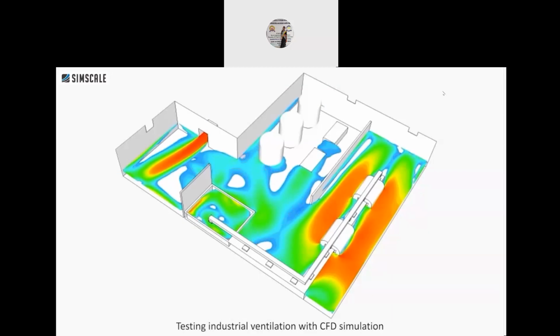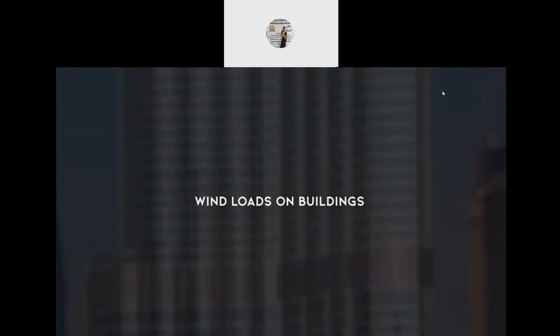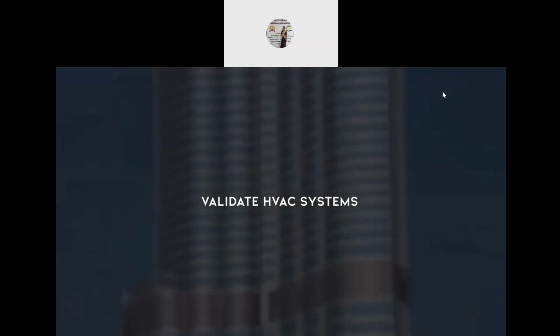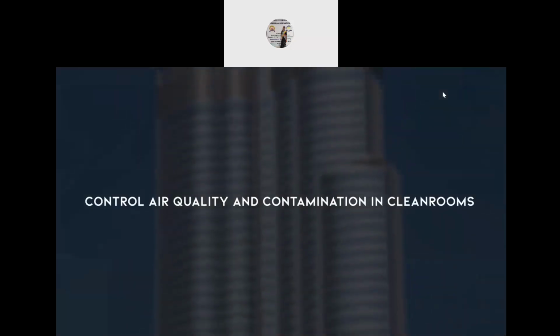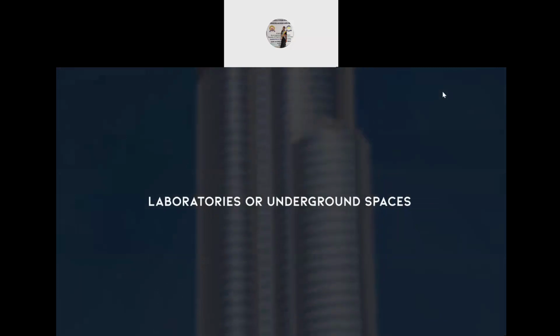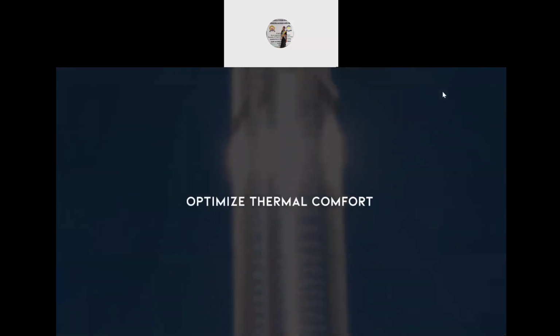CAE, also called engineering simulation, is being used by engineers and architects to predict wind loads on buildings, ensure pedestrian comfort in urban areas, validate HVAC systems, control air quality and contamination in clean rooms, laboratories, or underground spaces, predict smoke spread, and optimize thermal comfort.